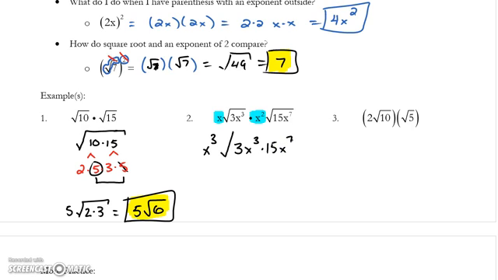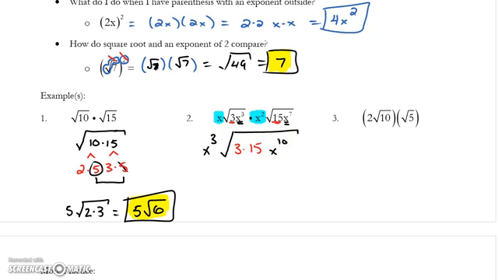Now, let me take a step back. I would actually write down the coefficients inside, 3 times 15, this way. But for your variables, I would multiply them. X to the 3rd times x to the 7th is going to give you x to the 10th.